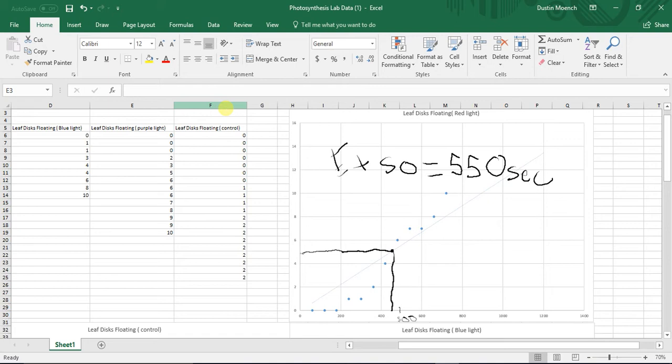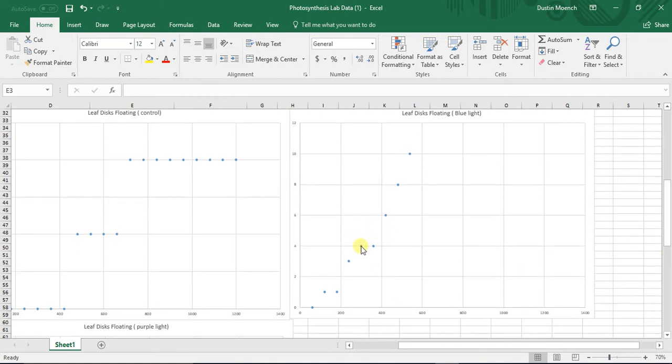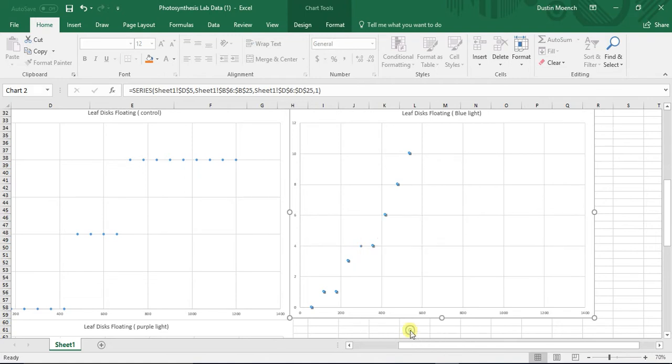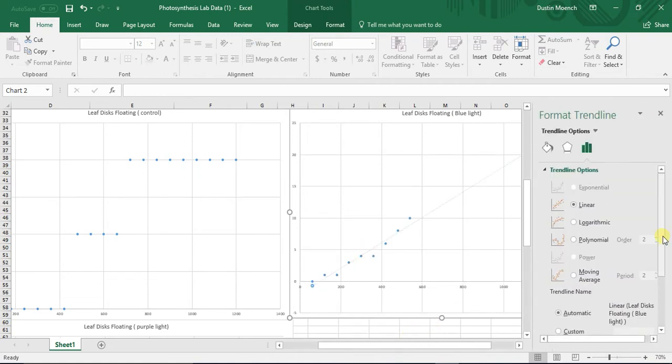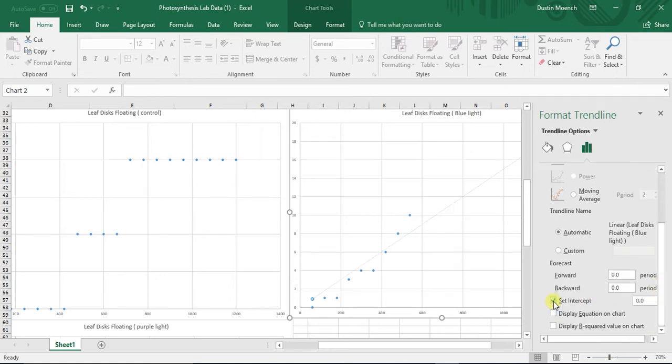Perfect. So next I will go to my next trial, my blue light, and do the same thing. I'm going to click on my data points, double tap, add trend line, go down, set intercept to 0. Perfect.